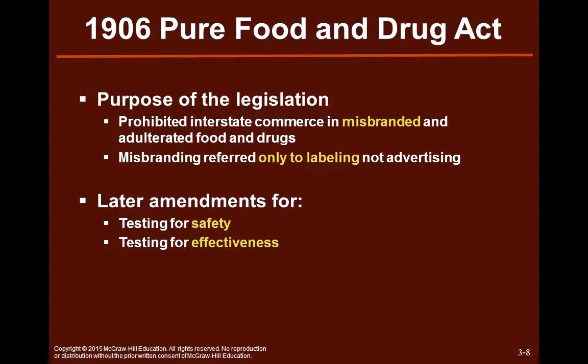Now, the misbranding, saying that it did things that it didn't, this really only applies to the labeling, not yet to advertising. At this point in the history of our country, we're not really regulating advertising at all. So you could say out loud that your coca wine did lots and lots of things, but on the label, you could only say things that you knew were true.